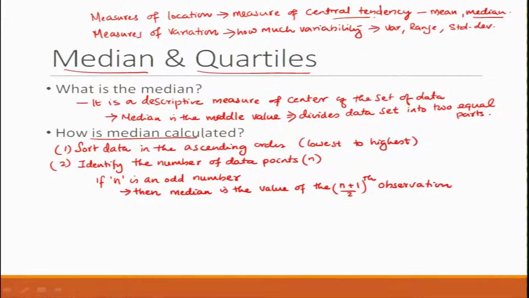If you find how many data points are there in the data set, and if the value of n is odd, not divisible by 2, then the median is the value of the (n plus 1) by 2th observation.